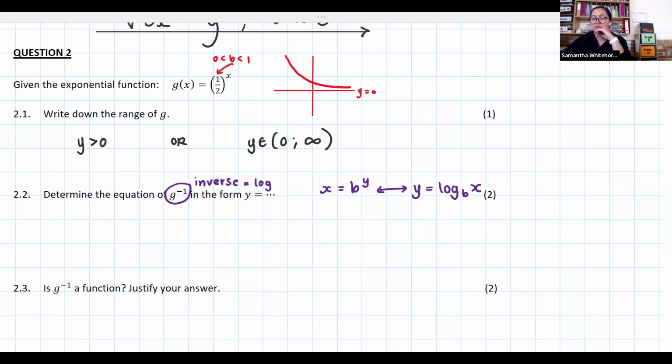And remember, guys, inverse of an exponential is a log. So we should be getting a log graph.